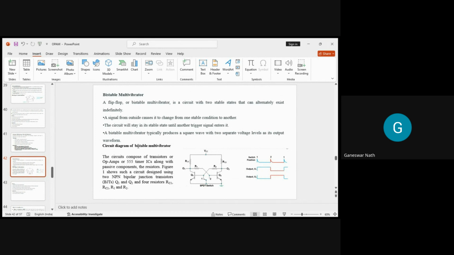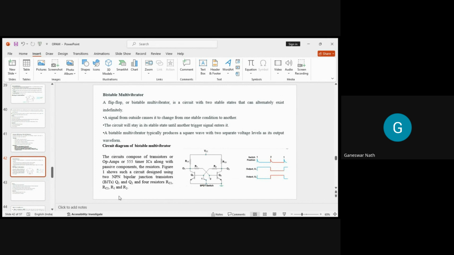A signal from the outside causes it to change from one stable condition to the other, and the circuit will stay in that stable state until another trigger signal arrives. A bistable multivibrator typically produces a square output waveform with a separate voltage level.